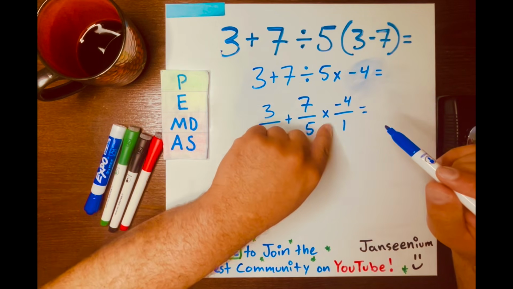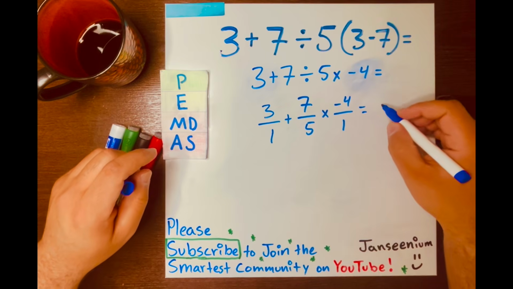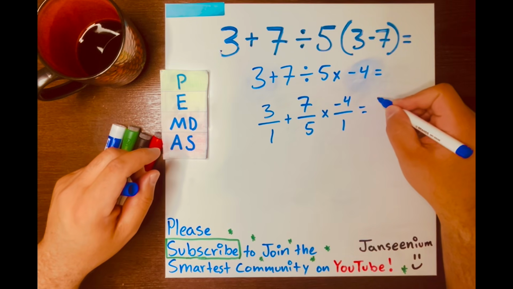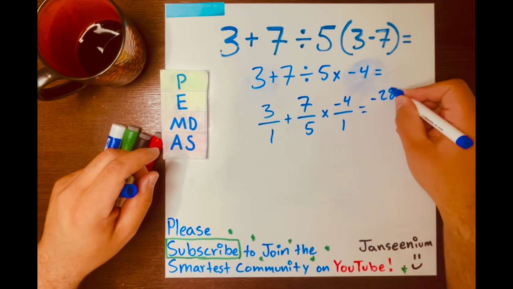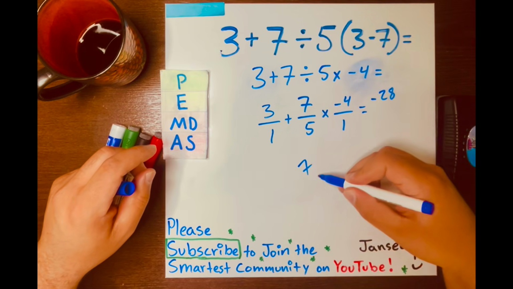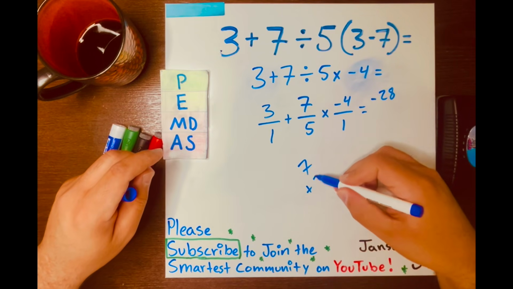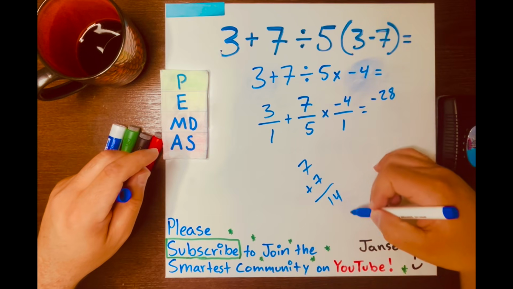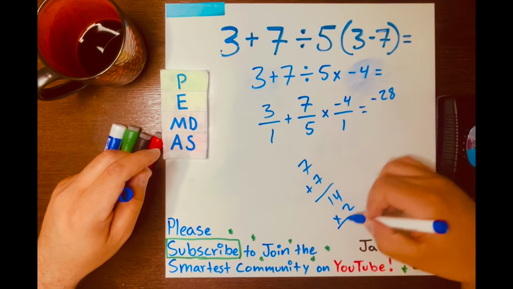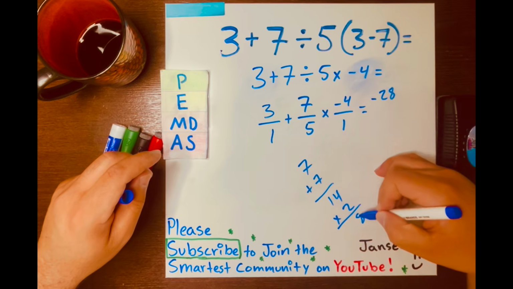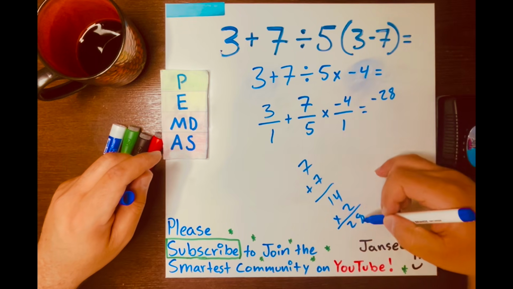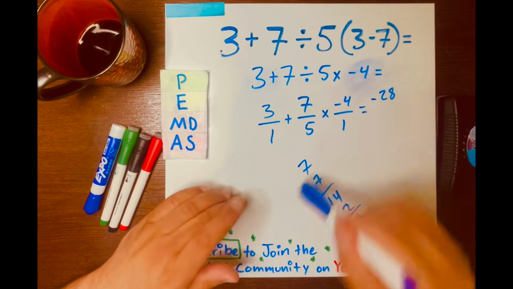So 7 times negative 4 is negative 28, right? Then 4 times 2 is 8, 2 times 1 is 2. So it's 28. So that is correct.